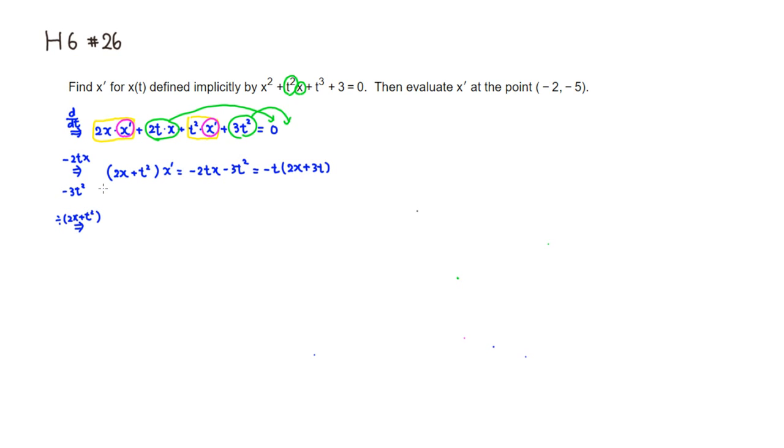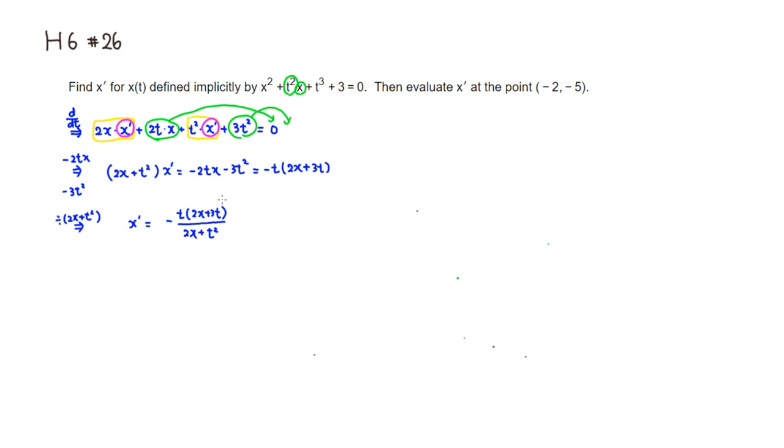You get x prime equals negative t times (2x plus 3t), divided by 2x plus t squared.